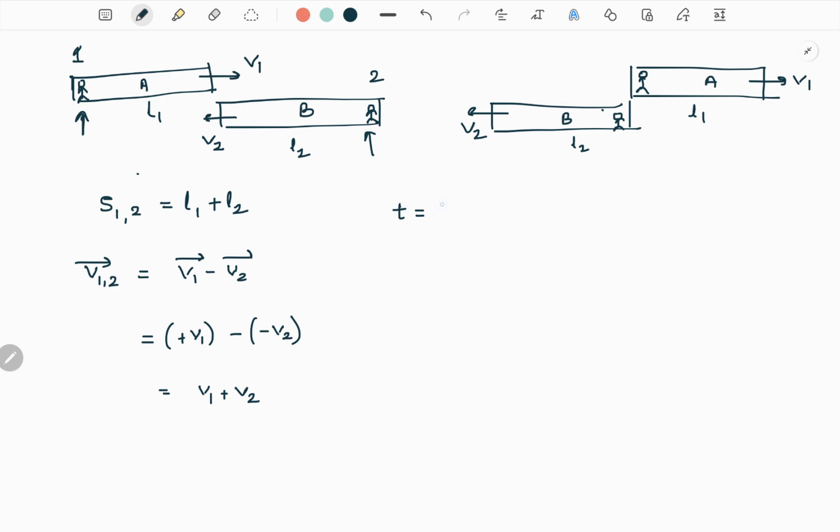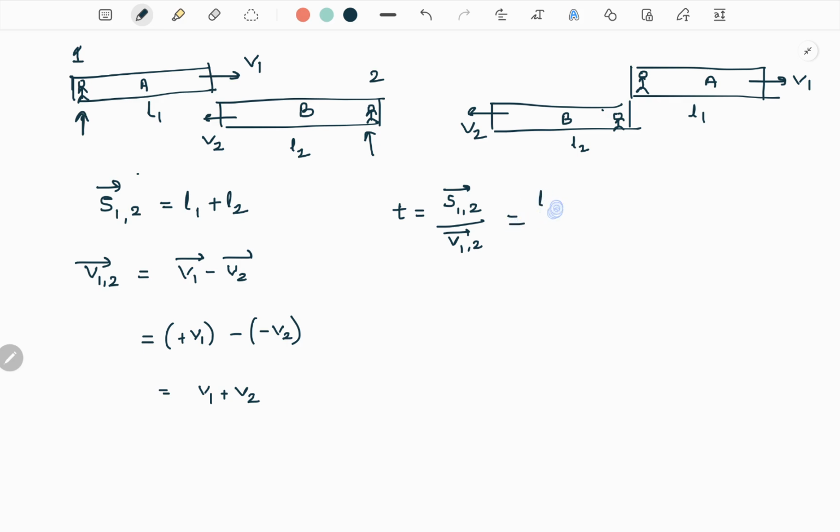Now the time taken for the two trains to completely cross each other would be the relative displacement divided by velocity. Anyways, the two trains do not have any acceleration, so the relative acceleration would be 0. So we can directly write time is equal to displacement by velocity when they do not have any acceleration.